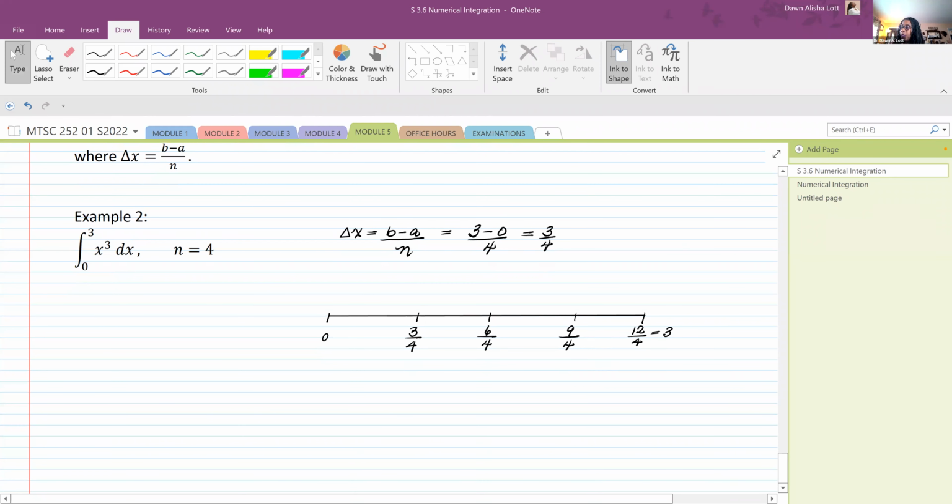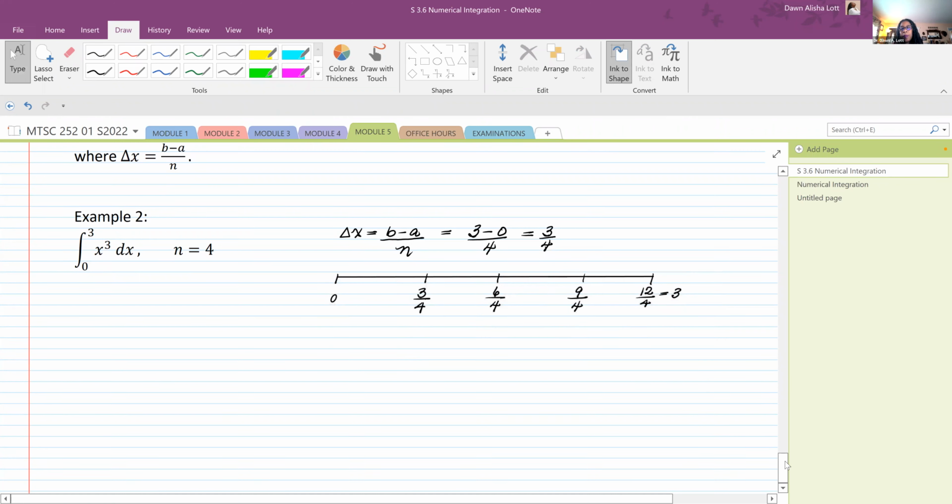Okay. So therefore, T4, which is the approximation to the same integral that we did with the midpoint rule, is going to be delta x over 2. So delta x is 3/4 divided by 2. We're going to have f of 0 plus 2 times f of 3/4.